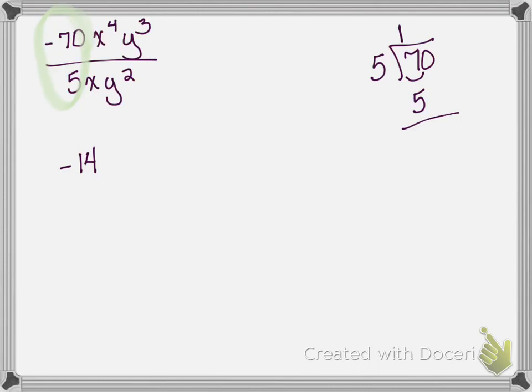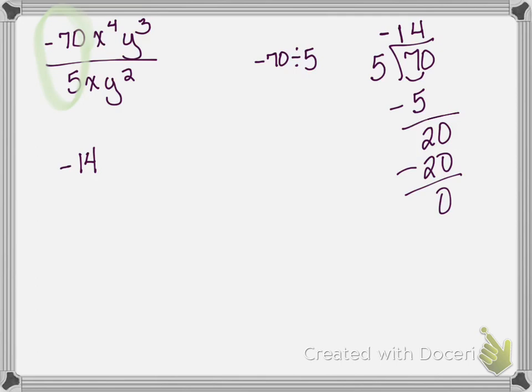After I subtract, I'm left with 20. 5 goes into 20 4 times. 4 times 5 is 20. I subtract and I'm left with 0. Now, because I've got negative 70 divided by positive 5, my answer here is negative. So that's why it's a negative 14.